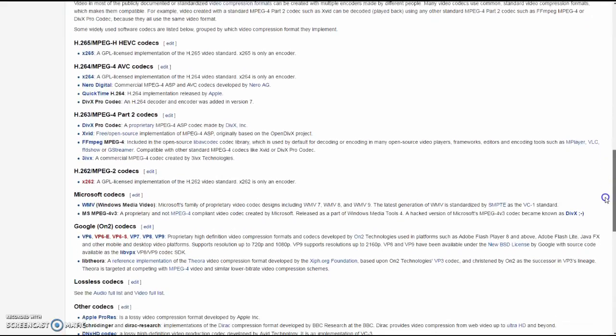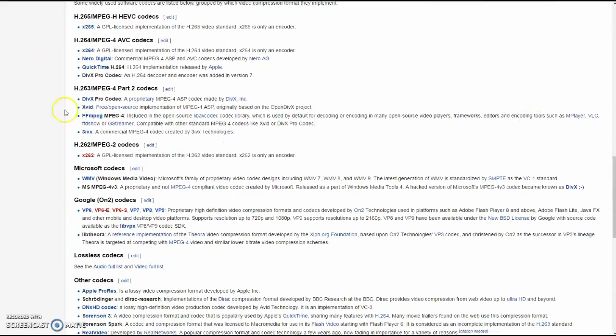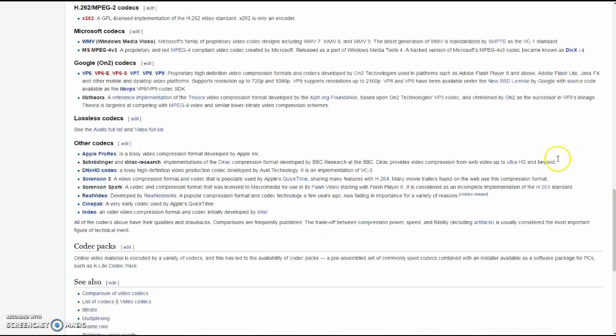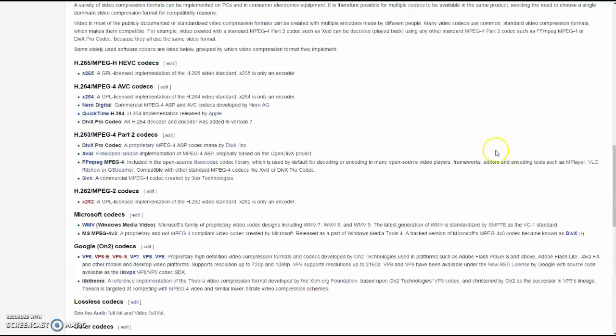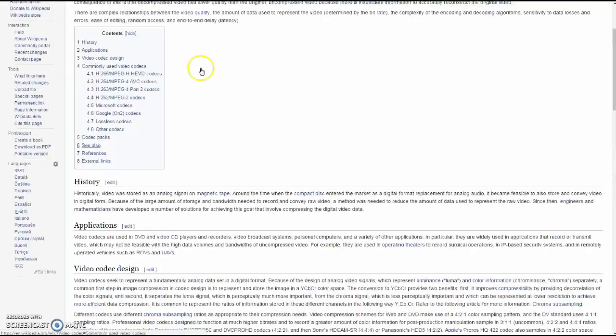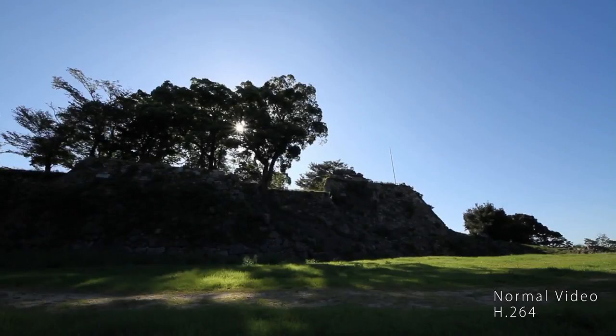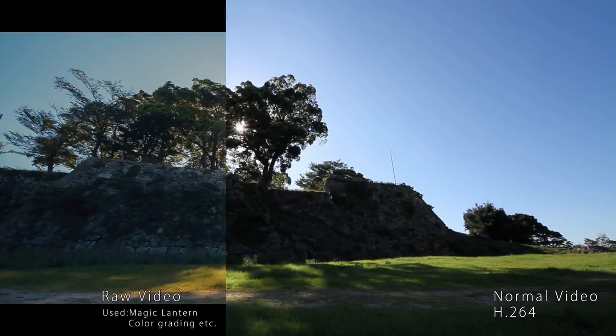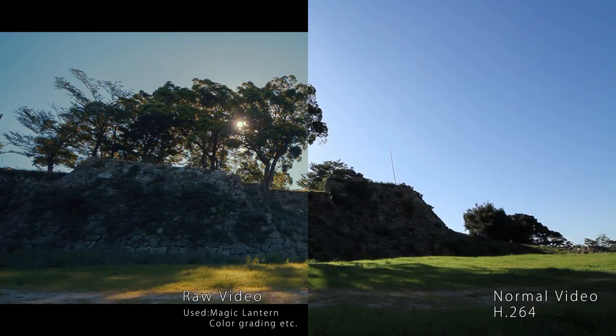Compression of video files is quite an extensive topic, but basically the original file that comes straight out of the sensor is the raw file, and you might have heard this before. This is basically the highest quality you will get out of your sensor. It basically is taking pretty much all the information that has come through the lens, and it just looks beautiful, and that is what professional people use and what professional cameras use.